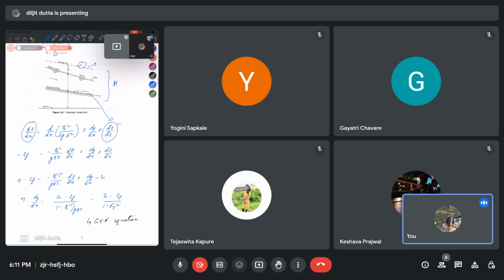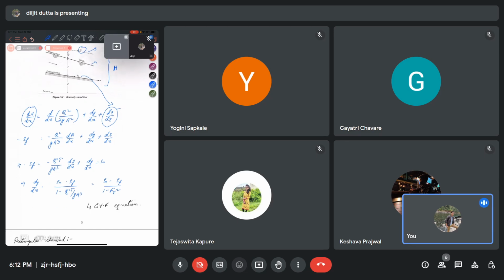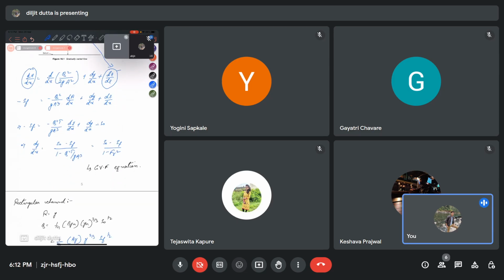We want to evaluate that. If we simplify the terms, we can take q square by 2g outside, and if we differentiate 1 by a square, then we will get this term. After rearranging the terms, we will get the final dynamic equation of a gradually varied flow.